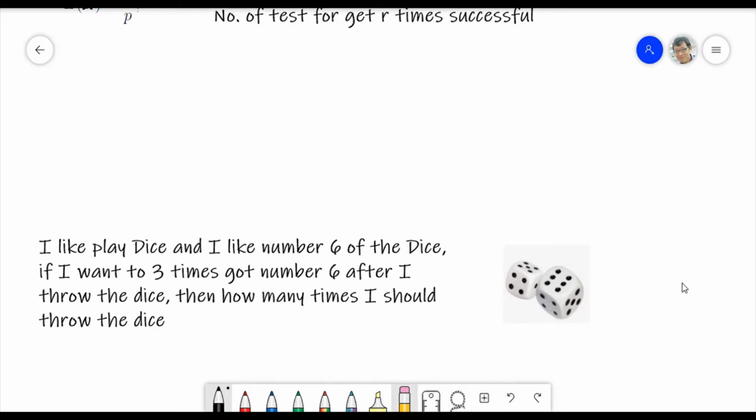If I want to get 6 three times, what does that mean? I don't know how many times I will throw, but I want to get number 6 three times. Then how many times should I throw the dice?